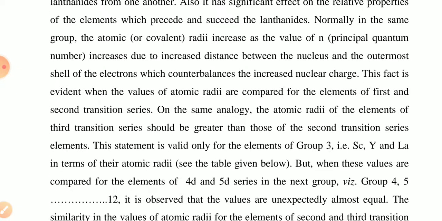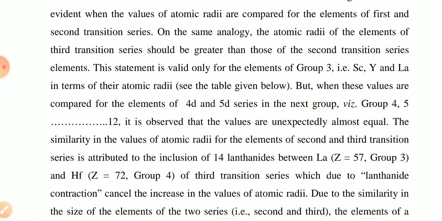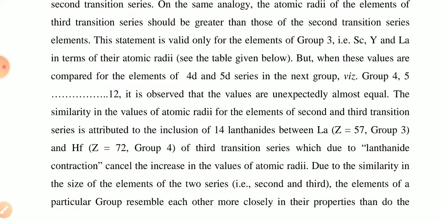But for scandium, yttrium and lanthanum, the atomic radii are not similar. For the elements of the 4d and 5d series in groups 4 and 5 to 12, it is observed that the values of ionic radii are almost equal.